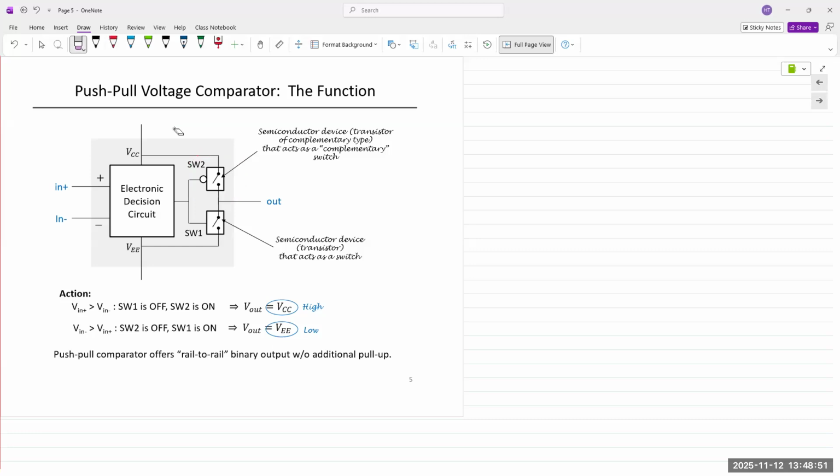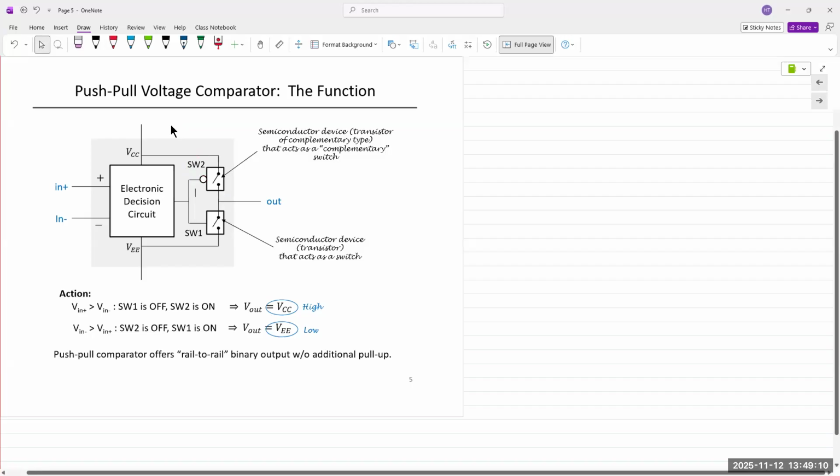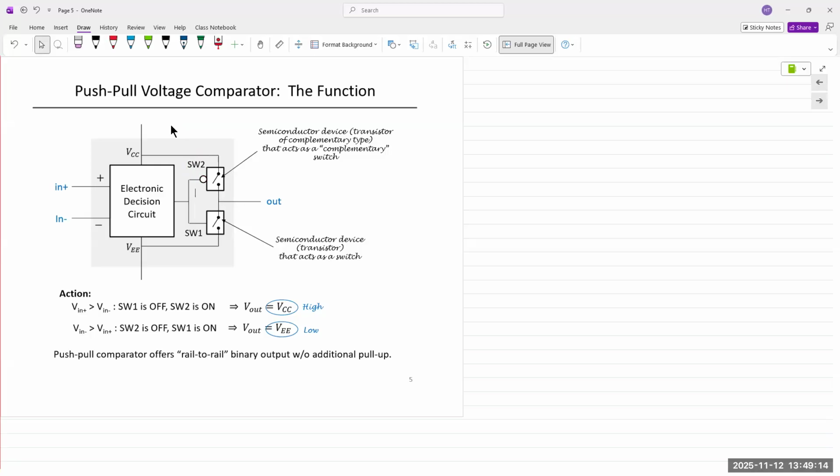One of the reasons it's called complementary is the fabrication differences. There's NMOS and PMOS transistors, again, 315. But for now, just suffice to know that if there's a bubble on the switch right here, it simply means it's implemented using negative activation.